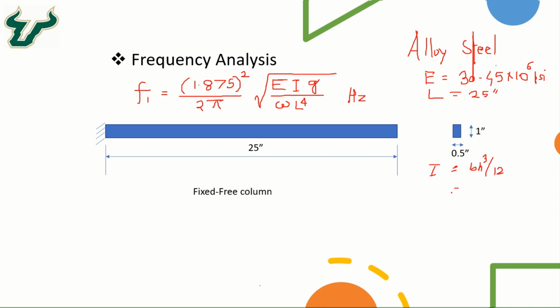So in this case, if we orient this column so that I is calculated with b equal to 1 and h equal to 0.5 cubed over 12, so that's the I, and the value of G equals 386 inch per second squared.